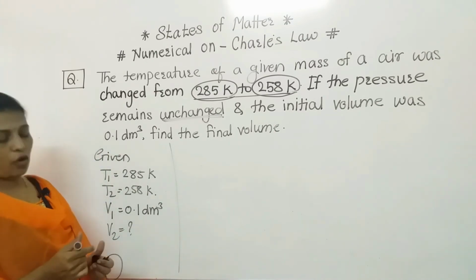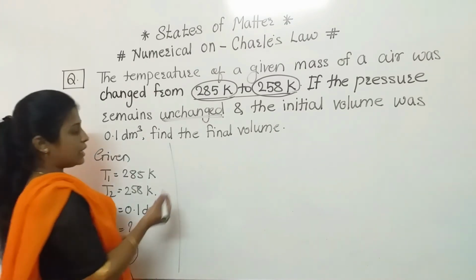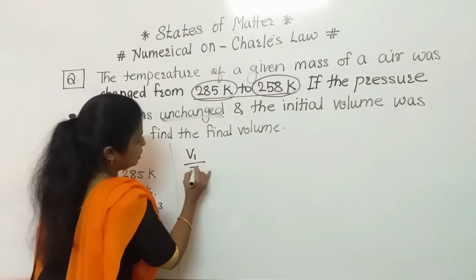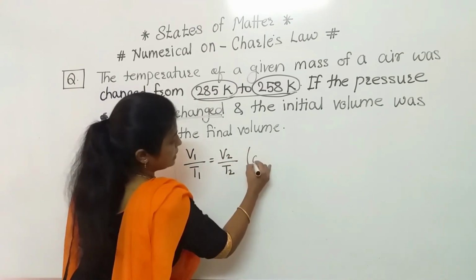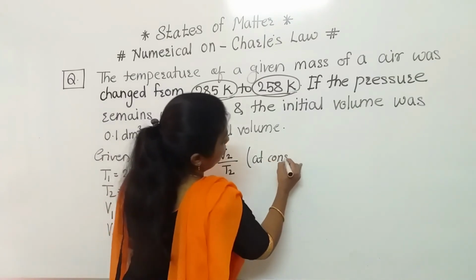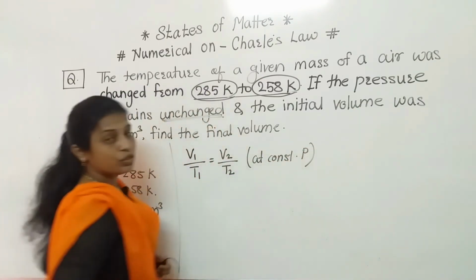As we know the formula, what is that formula? V1 upon T1 is equal to V2 upon T2, at constant pressure according to Charles law.